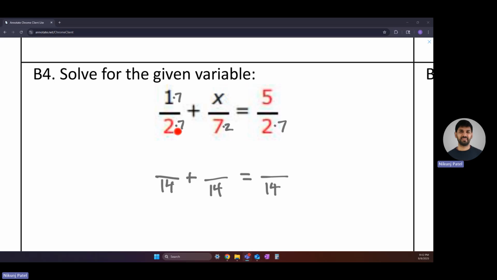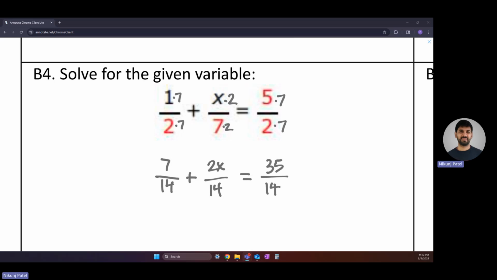If we multiply this by 7, we multiply this by 7. 1/2 is the same thing as 7 over 14. Or x over 7 is the same thing as 2x over 14 because I multiply both of them by the same value. 7 times 2 is just 14, so x times 2 has to be multiplied as well. And lastly, this one right here, we're going to have 35.